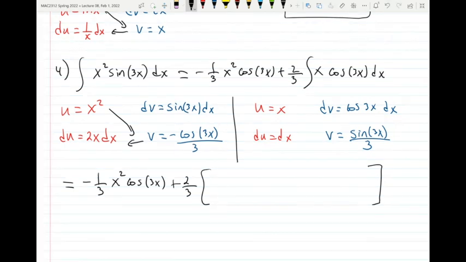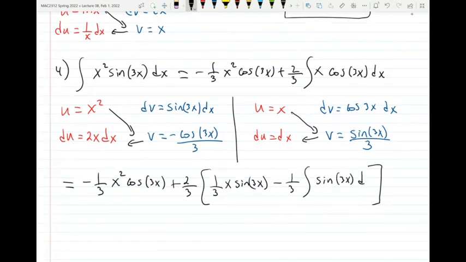So uv, that's 1 over 3x sine of 3x minus the integral of v du. So I'm going to pull out the 1 over 3, and then I get sine of 3x. And we see the light at the end of the tunnel now, because we just need to do one more integral and we're done. What's the integral of sine?